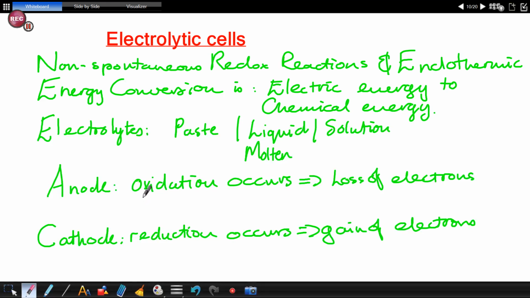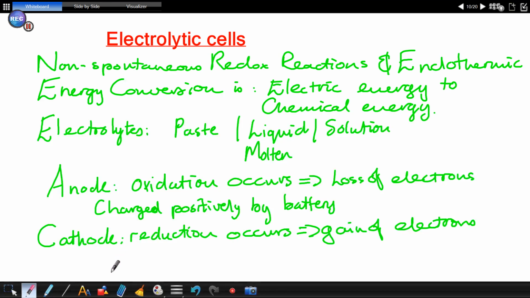Will a negative electrode take negative electrons? No. So this anode will be charged positively by the battery. I'll explain it with a diagram just now.